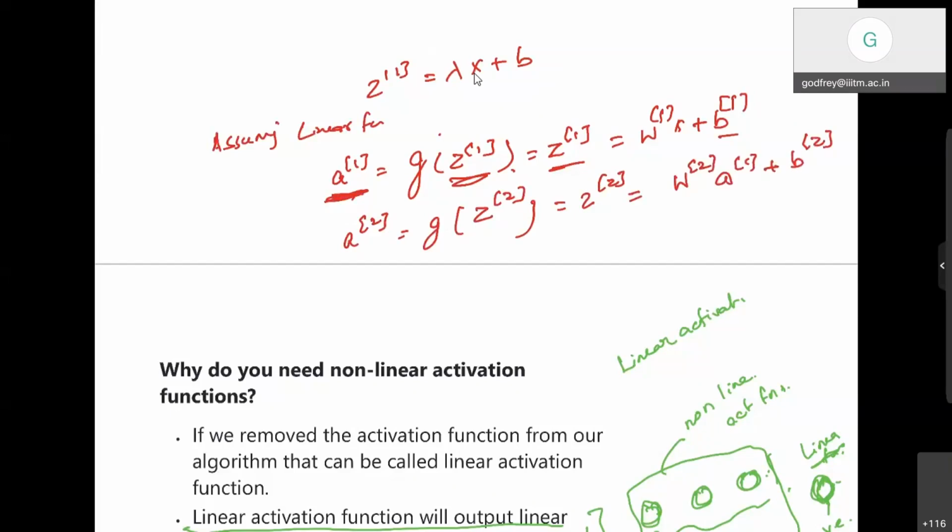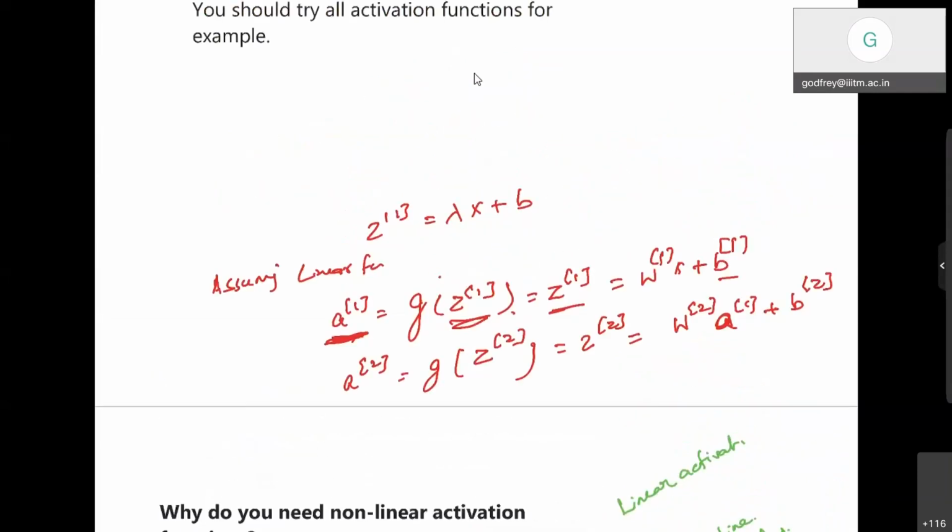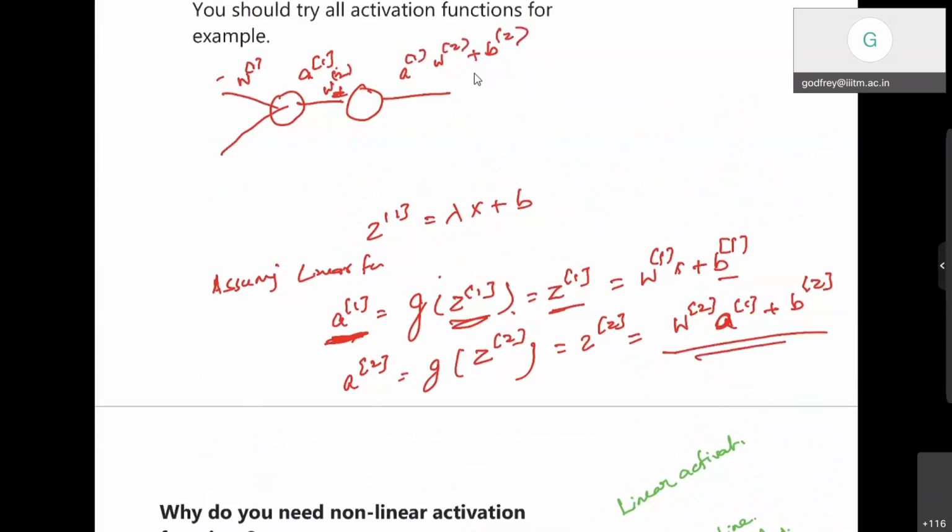So this is the input to the next layer. Say this is going to be A1. So now you have another layer: here you have weight 1, here you have weight 2. Then the output here is going to be A1 into W2 plus b2.